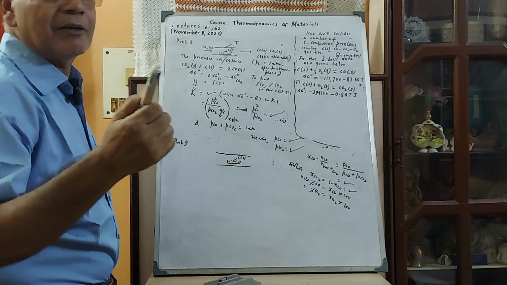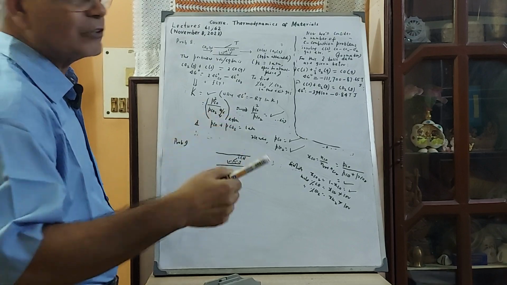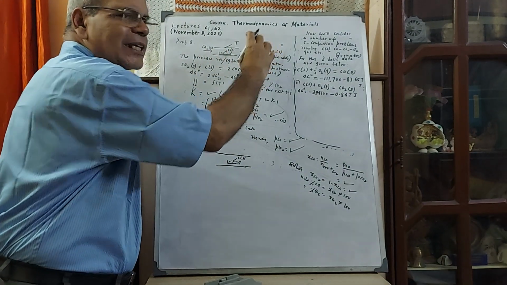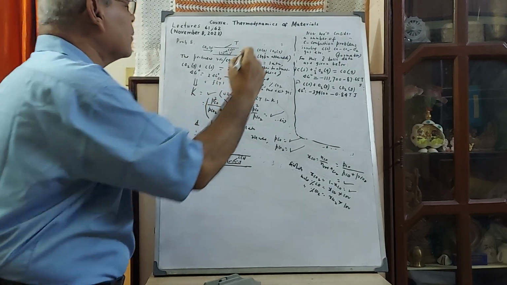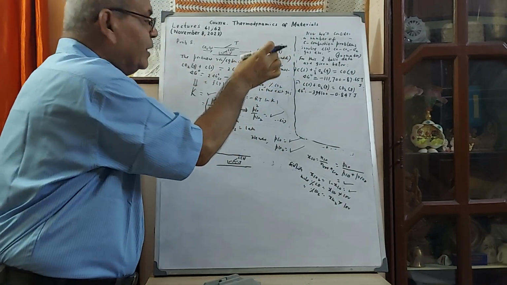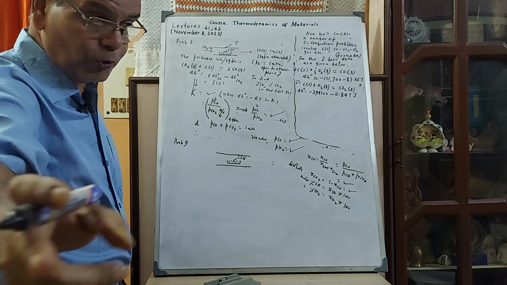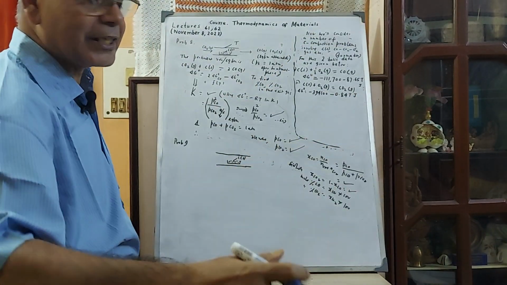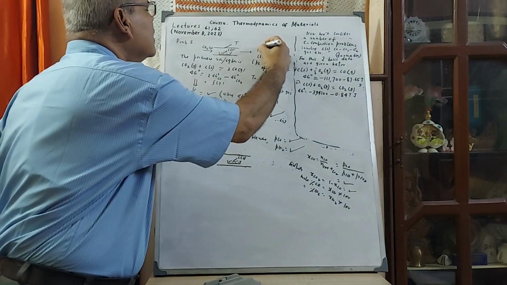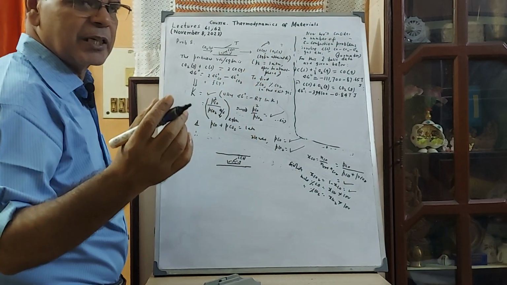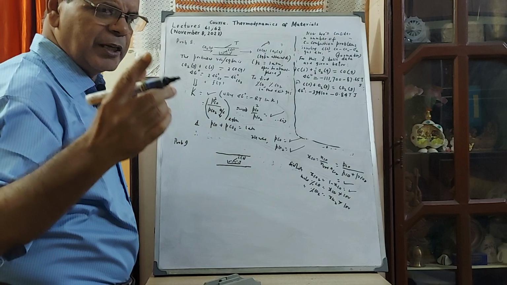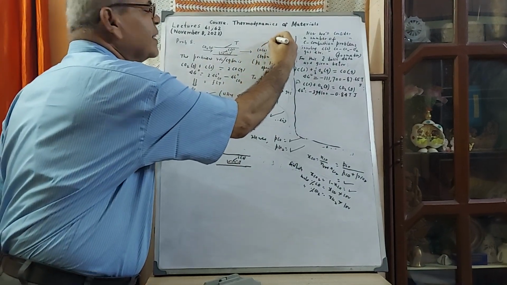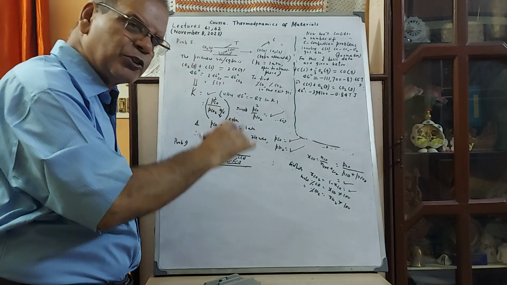At saturation, it is saturated with solid carbon. So what is the activity of carbon in this gas mixture? 1. So it is called carbon saturated gas. Saturation means equilibrium has been attained. This term I may use, carbon saturated gas.